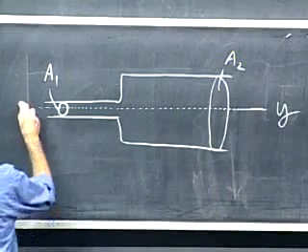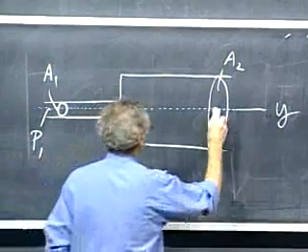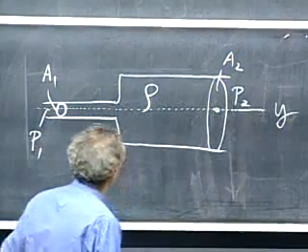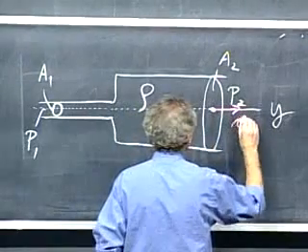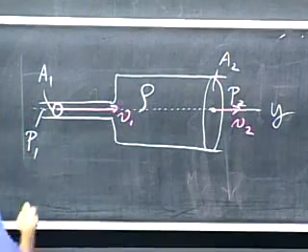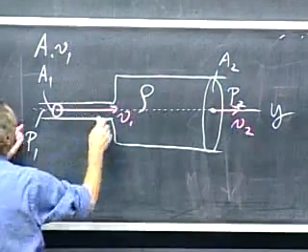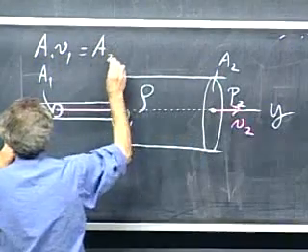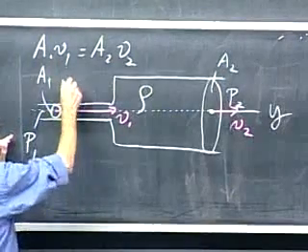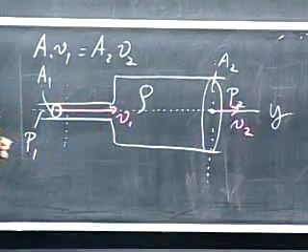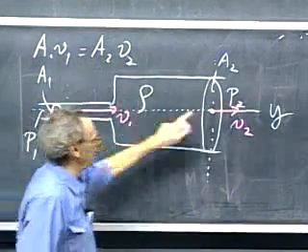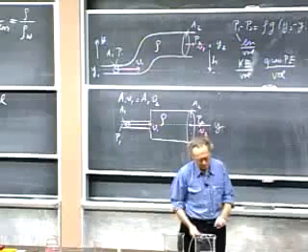I have pressure P1 here and pressure P2 there, and this is the density of the fluid. There is a velocity V1 here and a velocity V2 there. Clearly V1 is way larger than V2, because A1 times V1 must be A2 times V2, as the fluid is incompressible. The same amount of matter that flows through here in 1 second must flow through there in 1 second. Since A1 is much smaller than A2, V1 is much larger than V2.